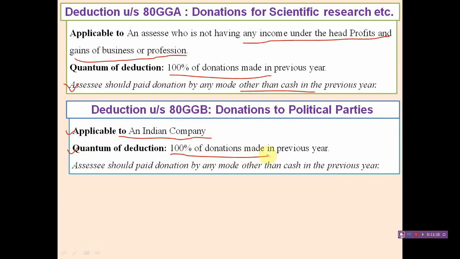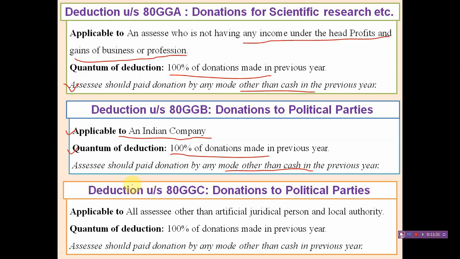It means the full amount donated to a political party is allowed as a deduction, and the donation should be paid by a mode other than cash. And the next one is deduction under section 80GGC, donation to political parties. But this deduction is applicable to all assessees other than artificial juridical persons.